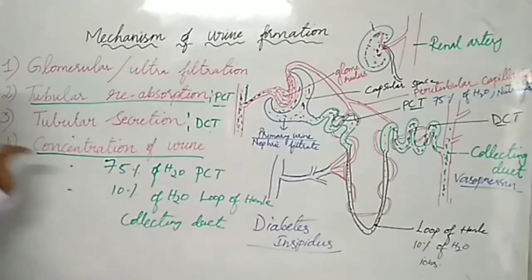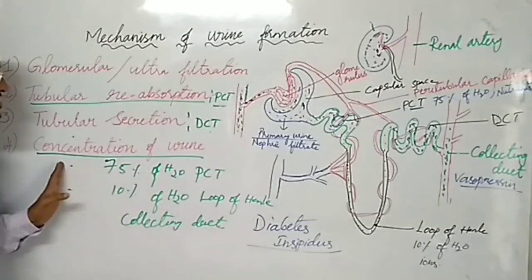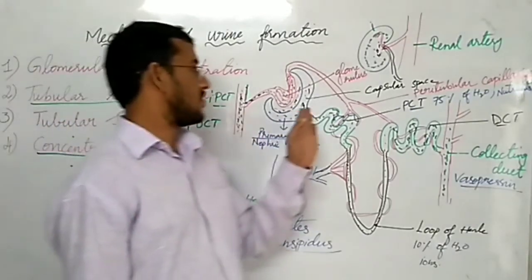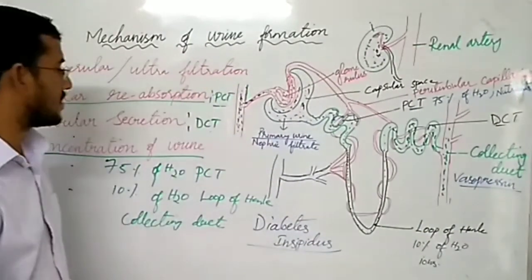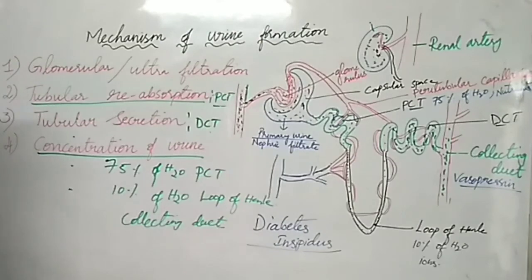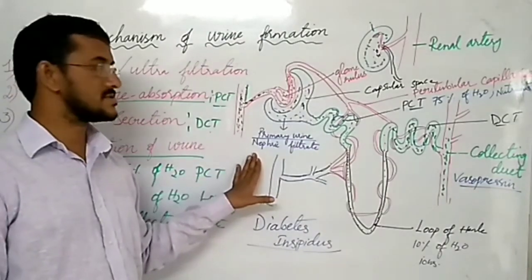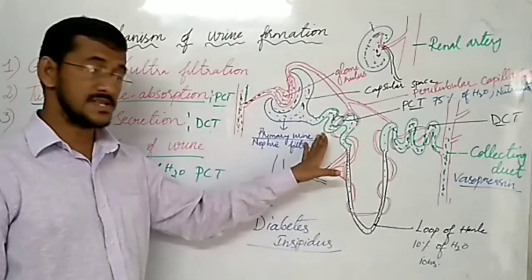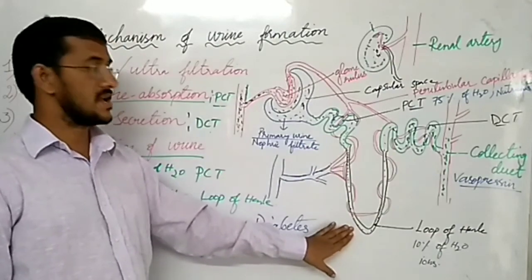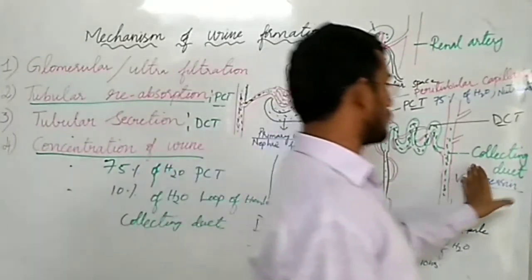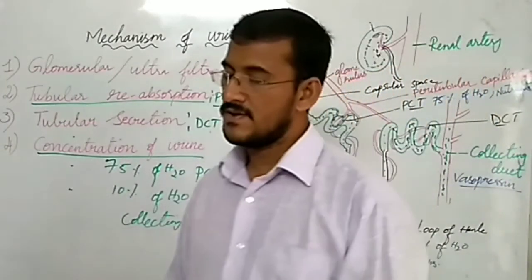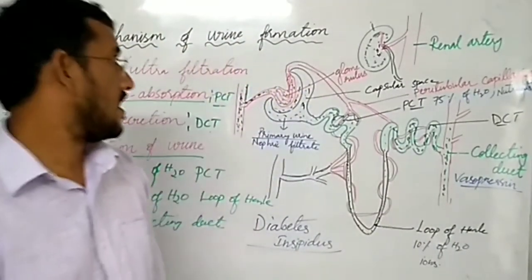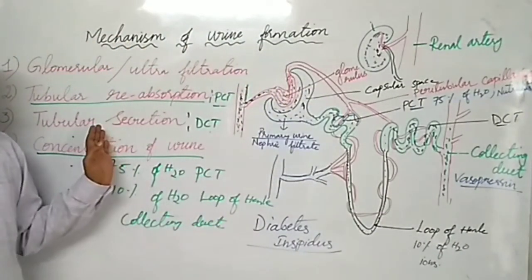Then the fourth step is concentration of urine. Concentration of urine is nothing but water absorption from nephric filtrate. In PCT water absorption will occur, in loop of Henle it occurs, as well as in collecting duct water absorption will occur. So this is urine formation.